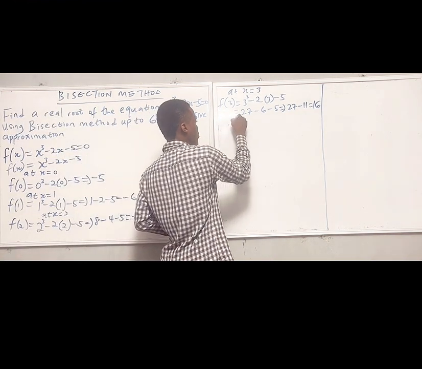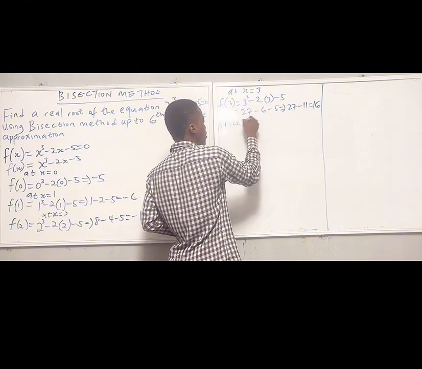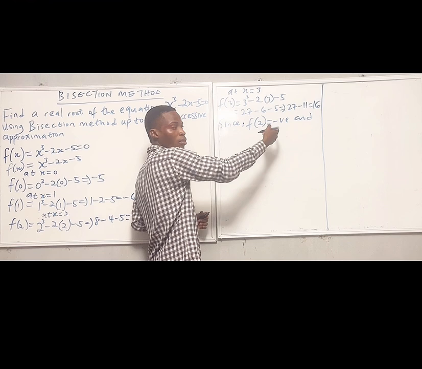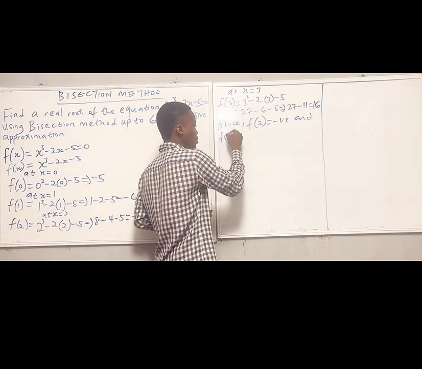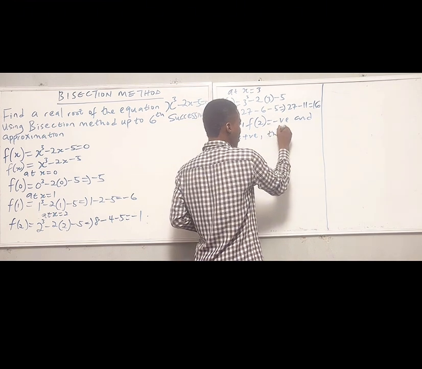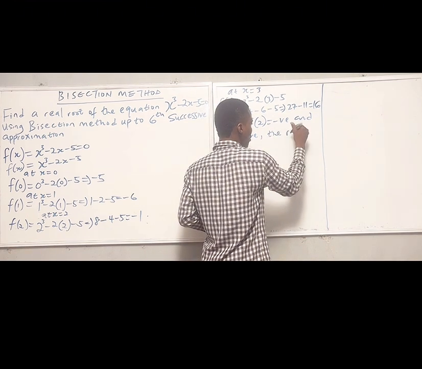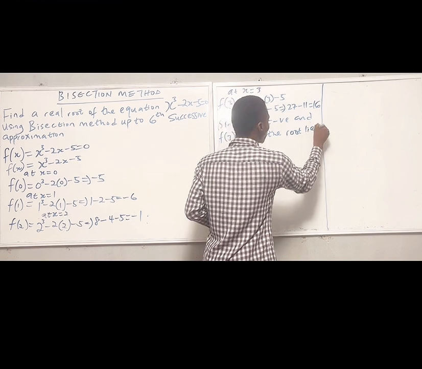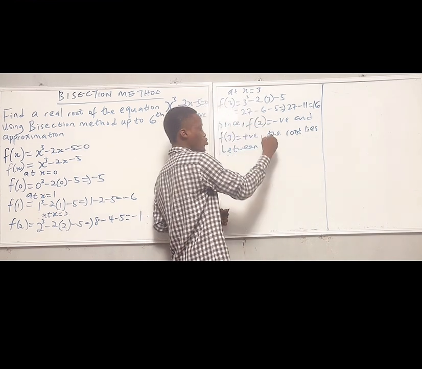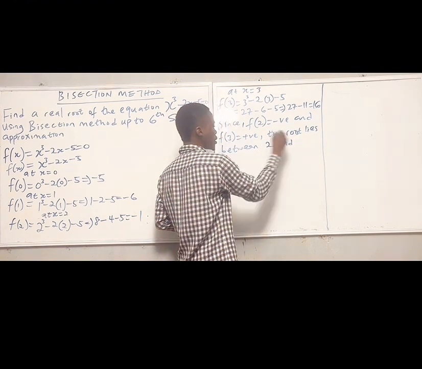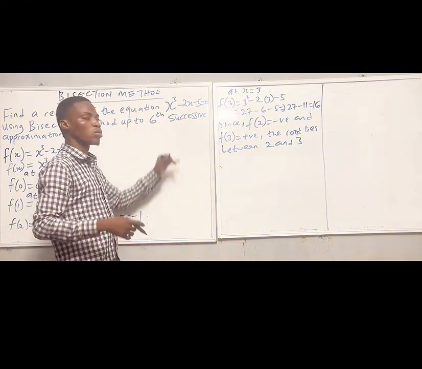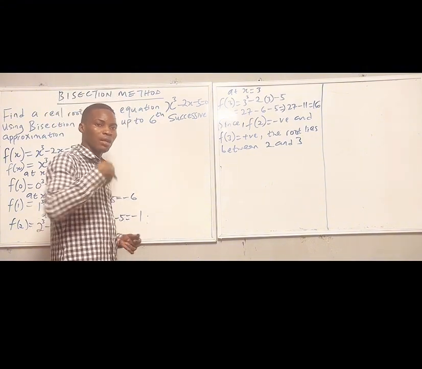So since f of 2 is negative, and f of 3 is positive, the root lies between 2 and 3.